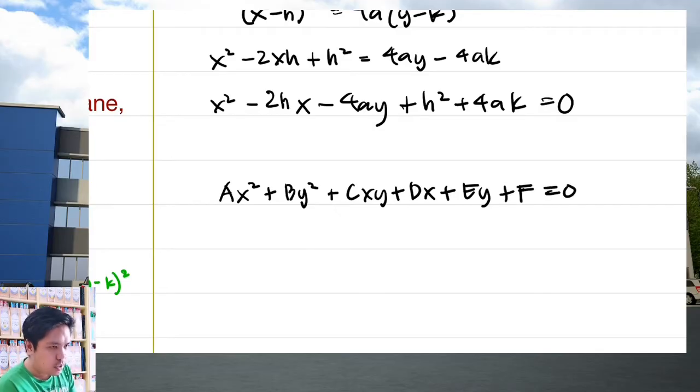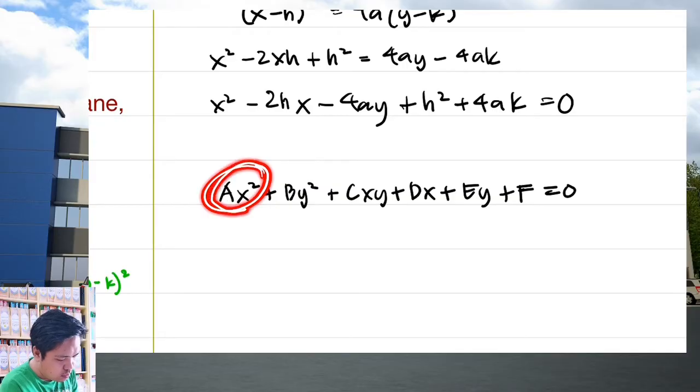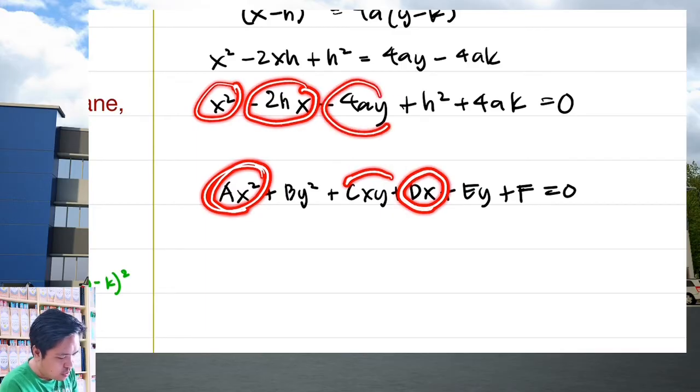This is the general equation of a conic. So if we relate it here, if you notice, this is this, then this, then this has a y, then constant.